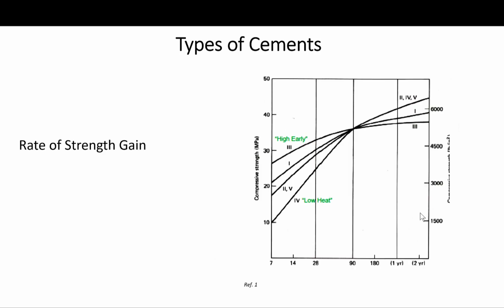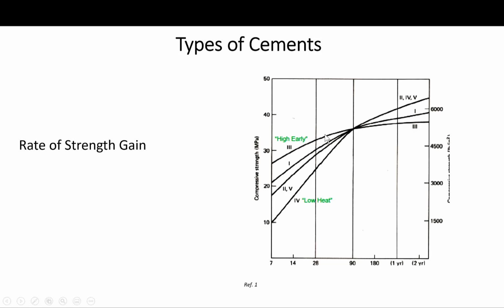This is the rate of strength gain. Again, as you can see, type 3 has the highest early strength. Type 1 is in the middle. Types 2 and 5 are less. Type 4 is the lowest, which is the low heat of hydration cement. It has the lowest C3S content.